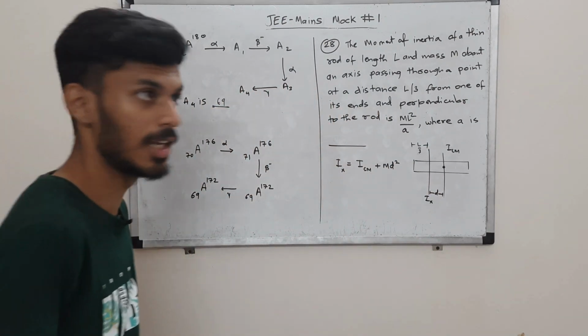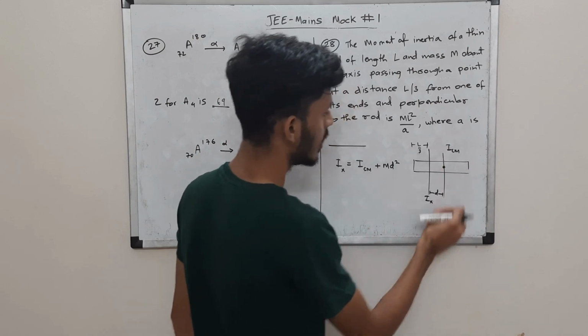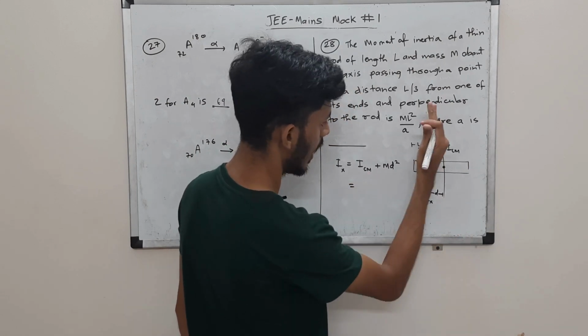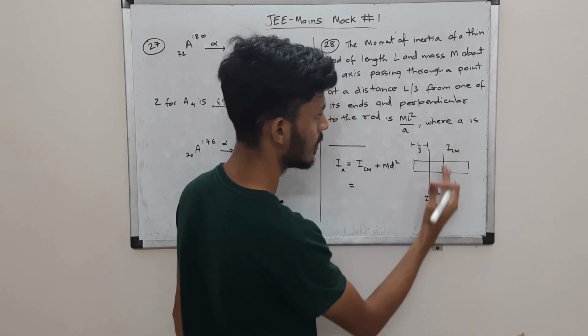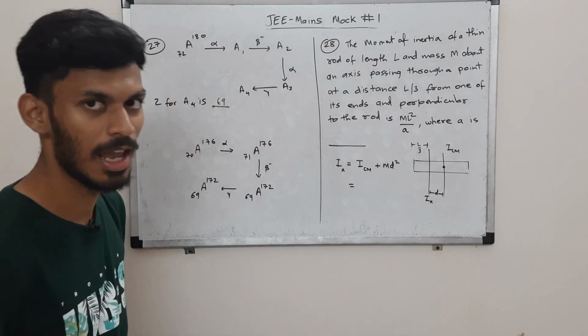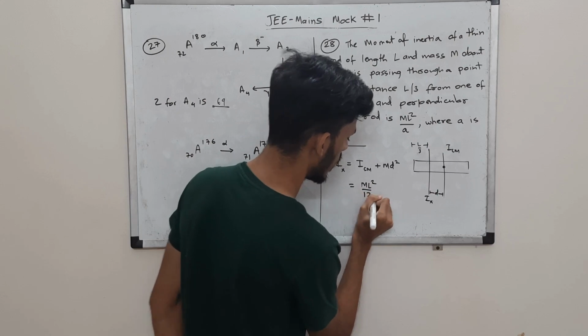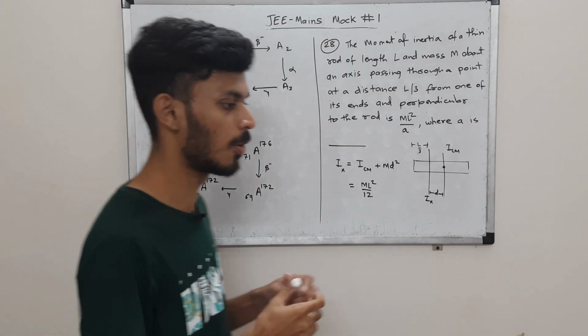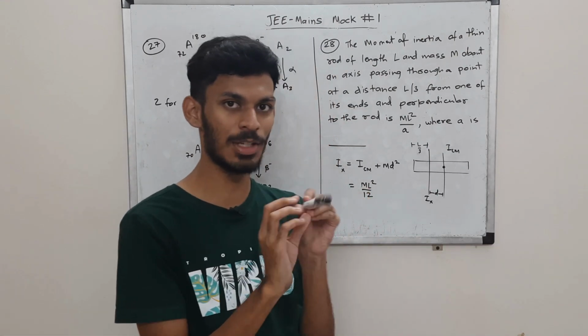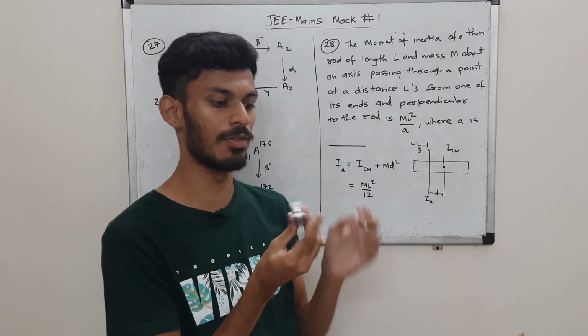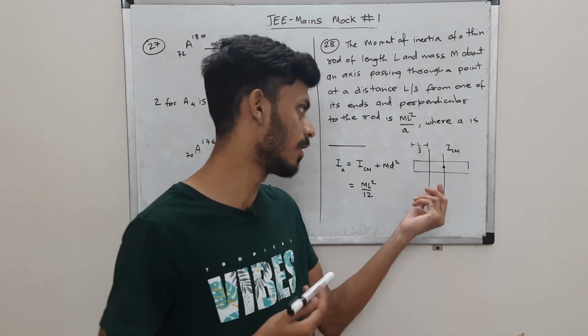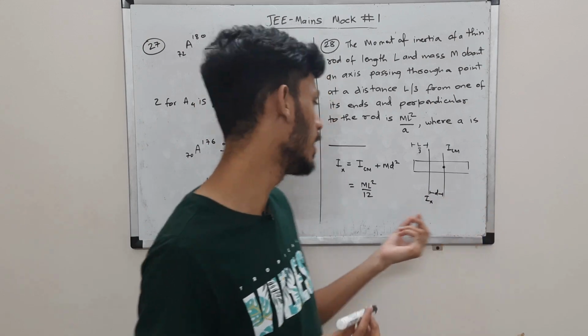This is the parallel axis theorem. Now the moment of inertia about the axis passing through the center of mass will be ml square by 12. So for a rod rotating from one end it is ml square by 3, and rotating from the center of mass it is ml square by 12.